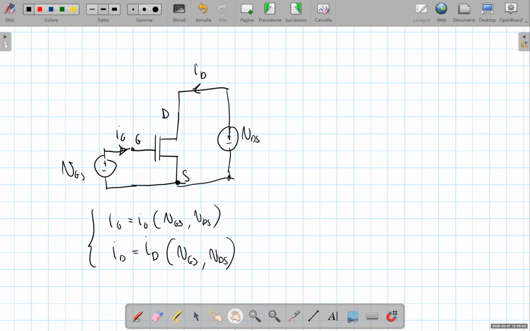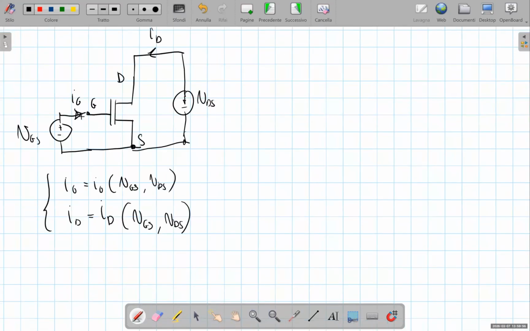So actually, let's start from IG. Since, as we have discussed, the gate is a metal plate that is separated from the semiconductor by silicon dioxide, which is a very good insulator, under static condition we cannot have any current flowing through the gate terminal.